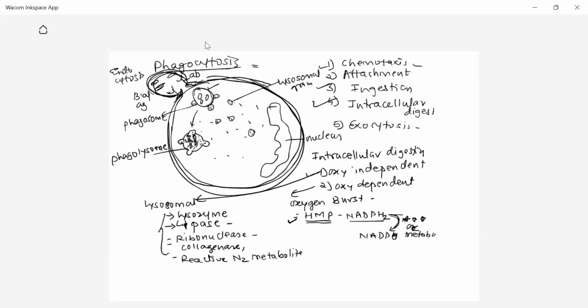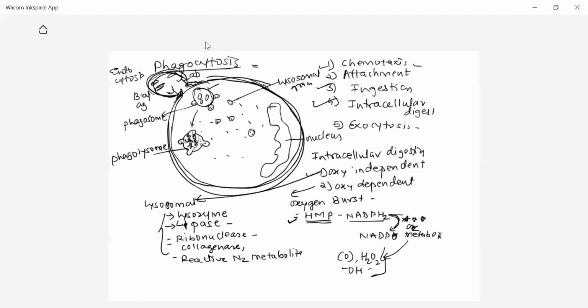Now, which are these oxygen metabolites liberated in the cell? These oxygen metabolites are nascent oxygen, superoxides, hydrogen peroxide, and hydroxyl radicals, secreted during the oxidation of NADPH2 to NADP.